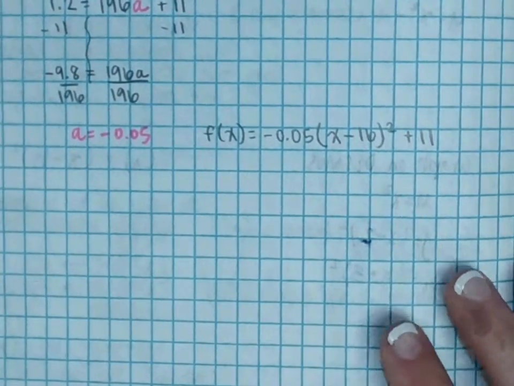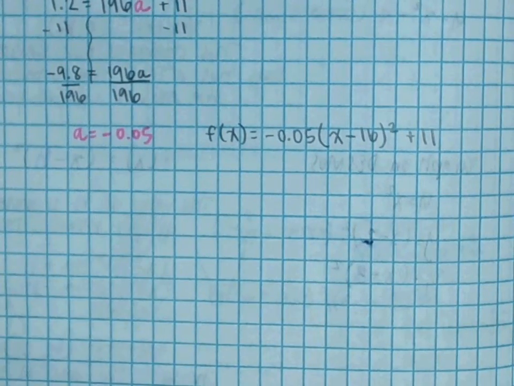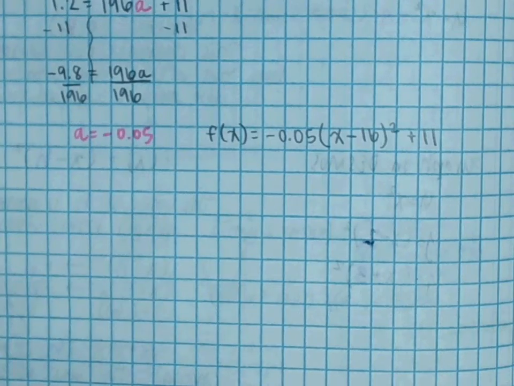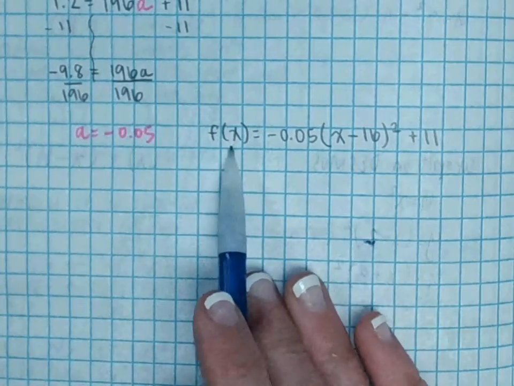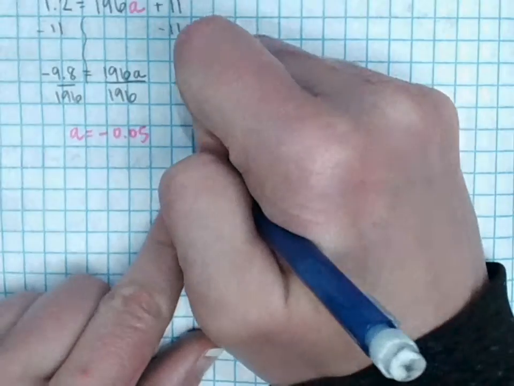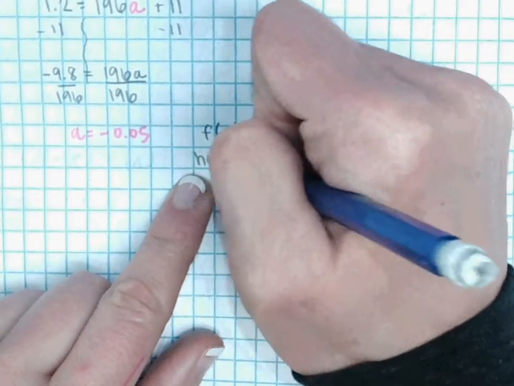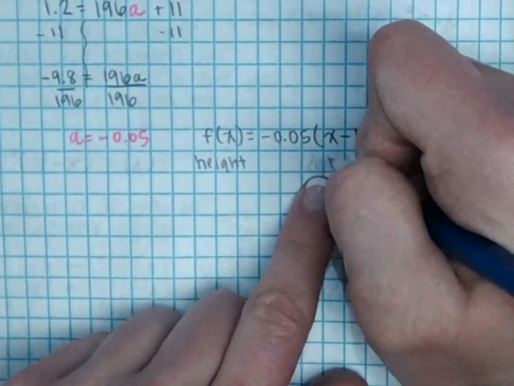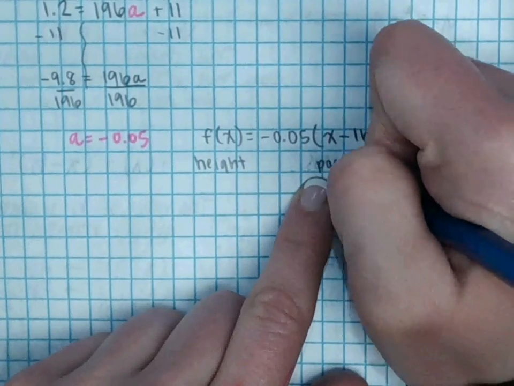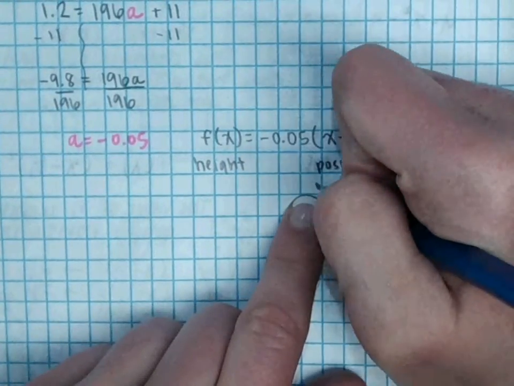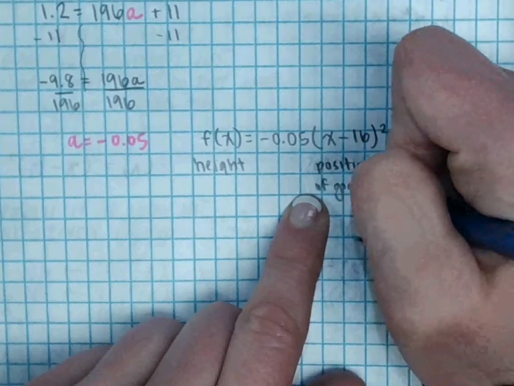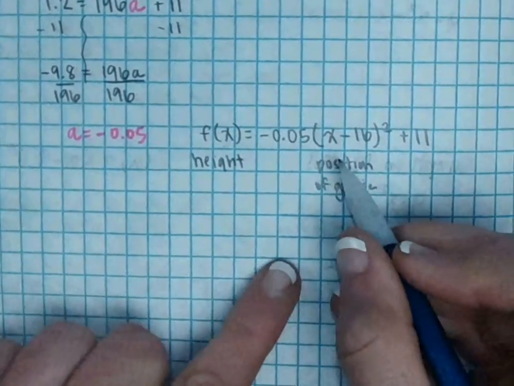And they say, well, can I determine the height of the ball if I know that the goalie is standing at 22 feet? So the position of the goalie is x. So I plug in 22.